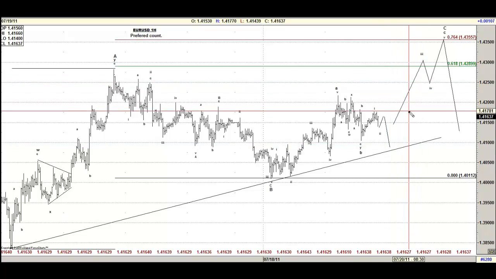In either way, the move is to the upside, in my opinion. No matter what's happening, the move is gonna be to the upside in the euro.